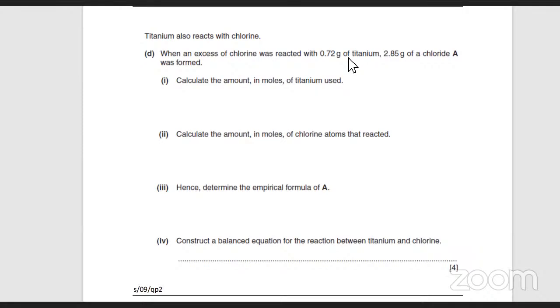Yes, it's Ti. Ti is reacting, 0.72 grams, with excess of chlorine.